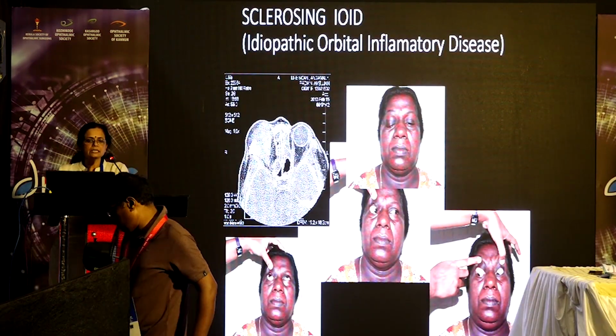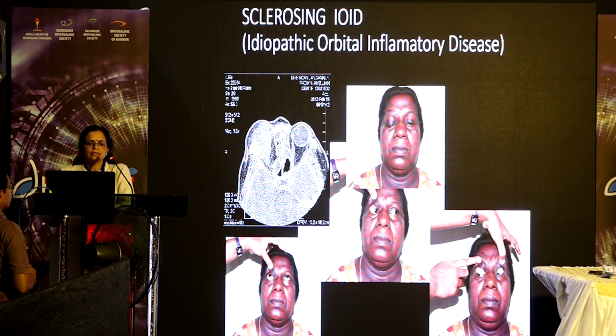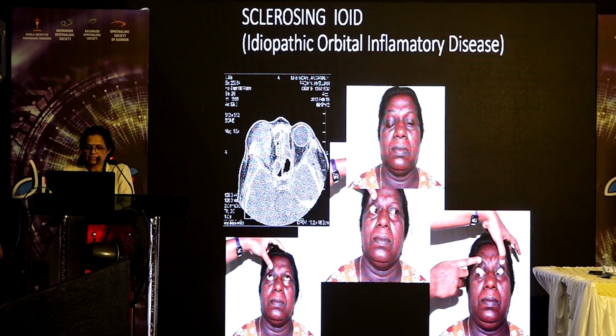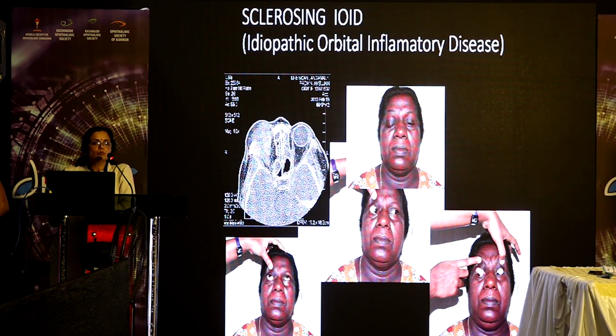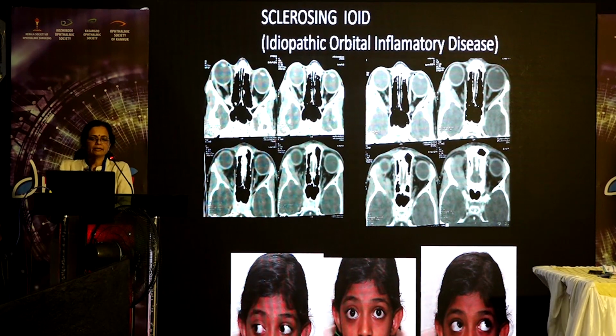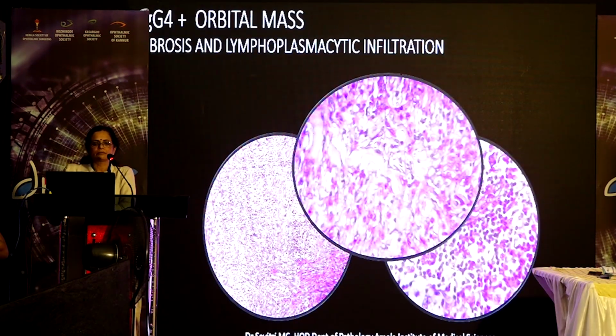Sclerosing idiopathic orbital inflammatory disease is a new entity where you again get a very hard mass which is adherent to the structures. It has calcification and it erodes the bone, but the movements are well preserved. It can occur even in small children. This is an IgG4 positive orbital mass.